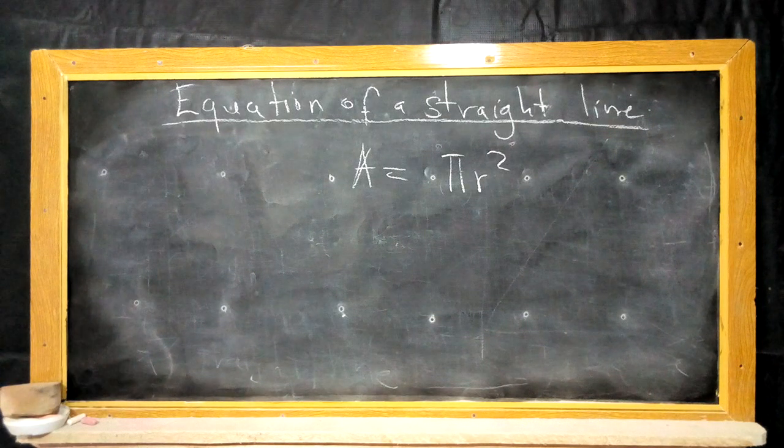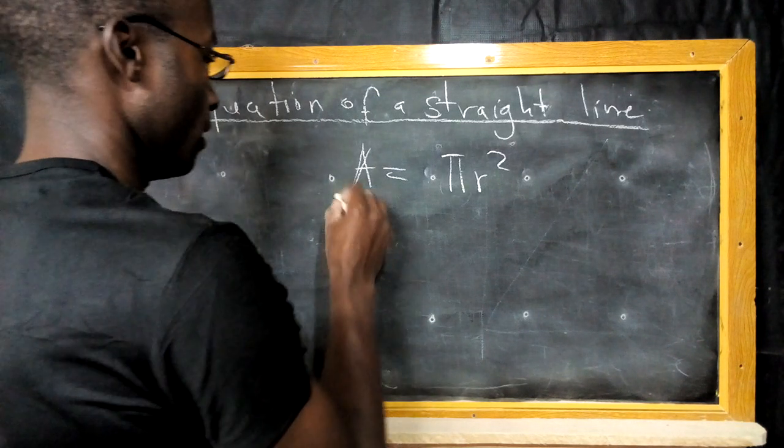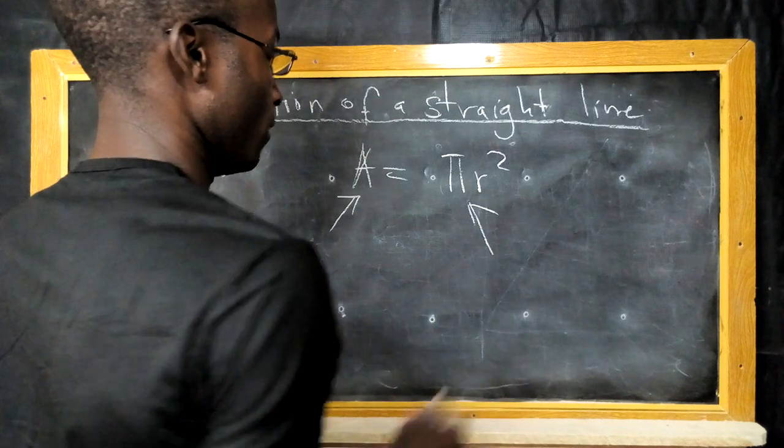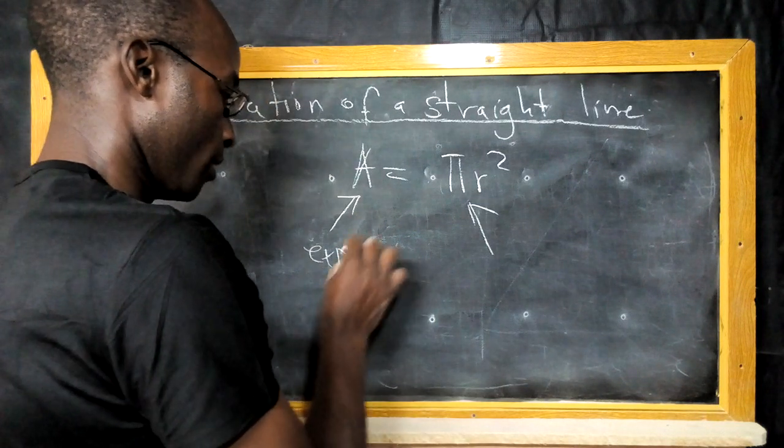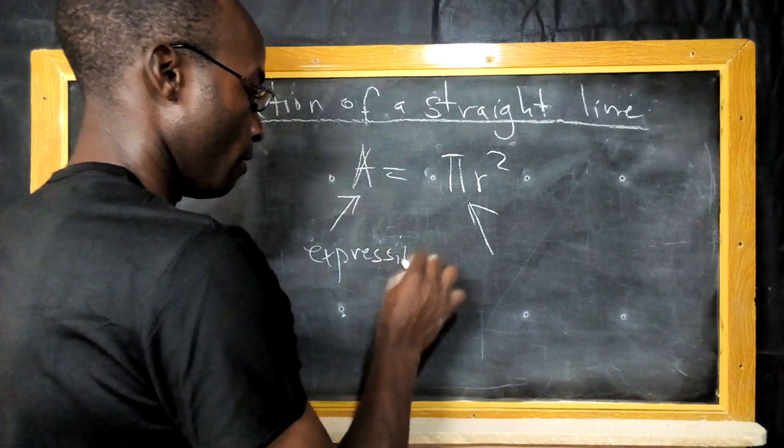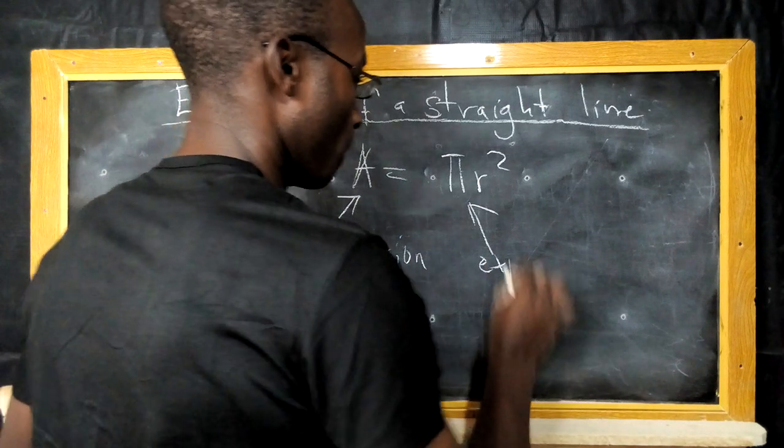And someone can ask, what is really A, or just pi r squared? So these two parts of this equation I've given are what we call expressions, this is an expression, and this is an expression.